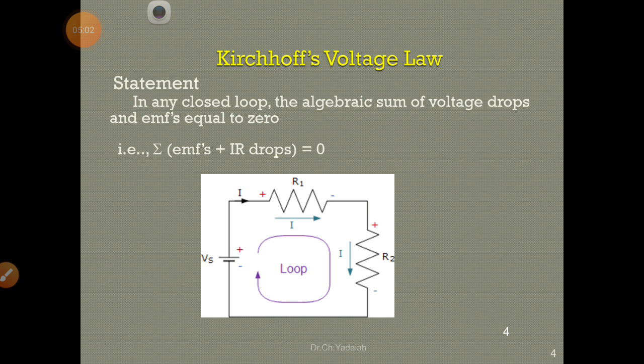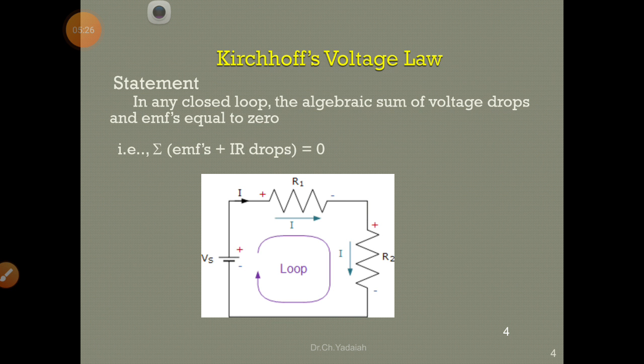In a closed small house, your house is nothing but a closed one, and your father is, for example, one voltage source, your mother is also another voltage source, and your brother and your sister and yourself are connected in series in a closed circuit.